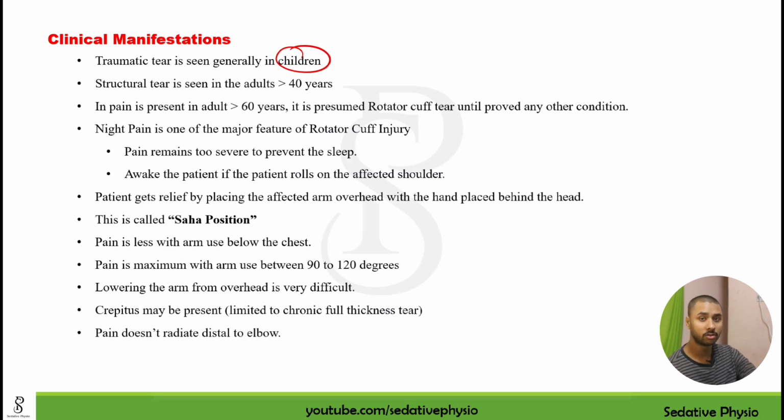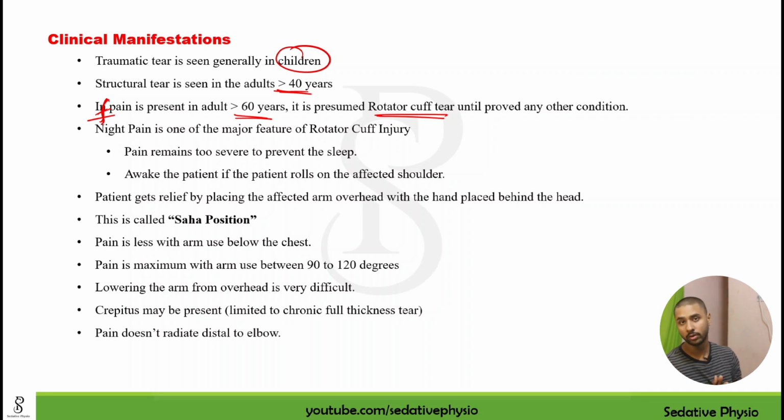We can't see the structural or degenerative tear in children. A structural tear is seen in adults more than 40 years of age, right? Now there is one pre-assumption. If pain is present in an adult above 60 years, it is presumed to be a rotator cuff tear.